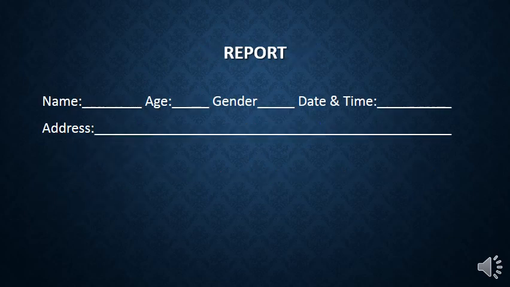In your practical notebooks, you will write the details which I have just explained, and then you will draw the relevant diagrams, and you will also write the report. The report should be specified by name of subject, his age, gender, date and time and address, and then you will write the findings in tabulated form.